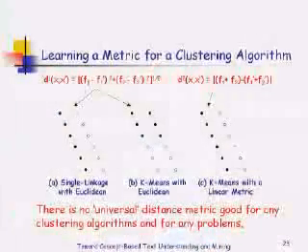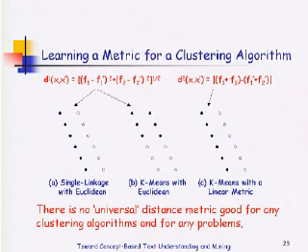Okay. In this example, in A and B, we try to cluster the 12 data points into 2 groups. And in A and B, we use the same distance metric, the Euclidean distance metric, but we use different clustering algorithms. We use the single link in A and the K-means in B. Then we will get very different clustering results. Another point is, in B and C, we use the same clustering algorithm, but we use different distance metrics.